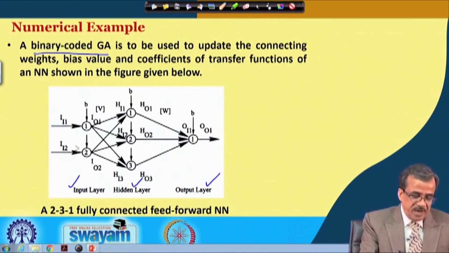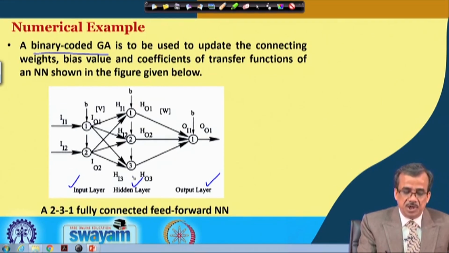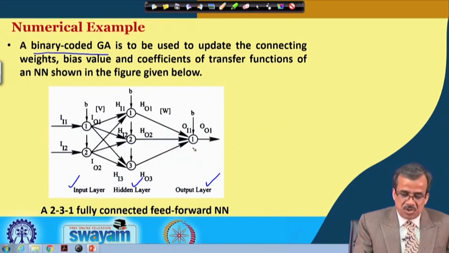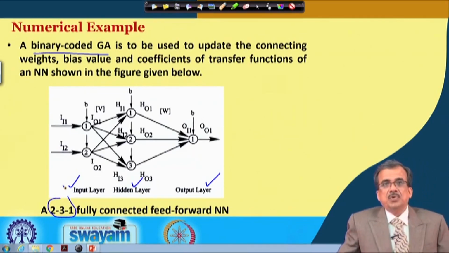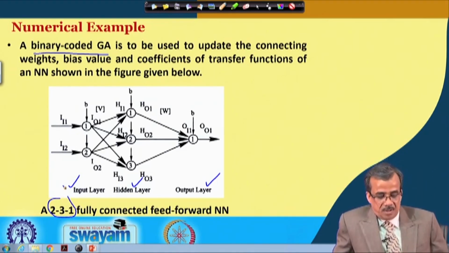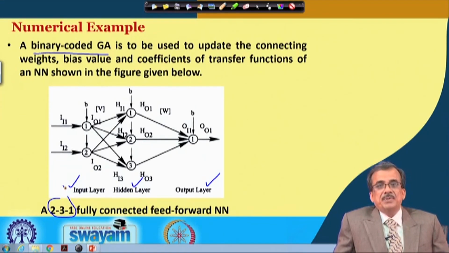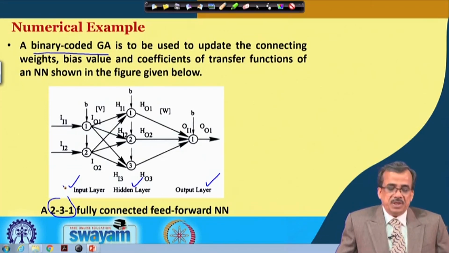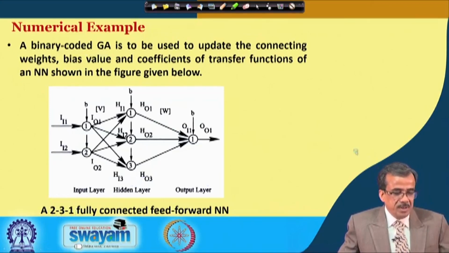On the input layer there are 2 neurons, on the hidden layer there are 3 neurons, and on the output layer there is 1 neuron. So, this is nothing but a 2, 3, 1 fully connected network, and let us see how to optimize this particular network with the help of a binary coded genetic algorithm.